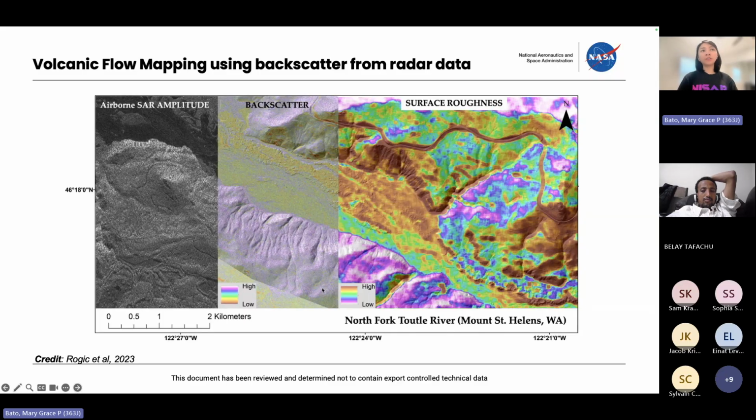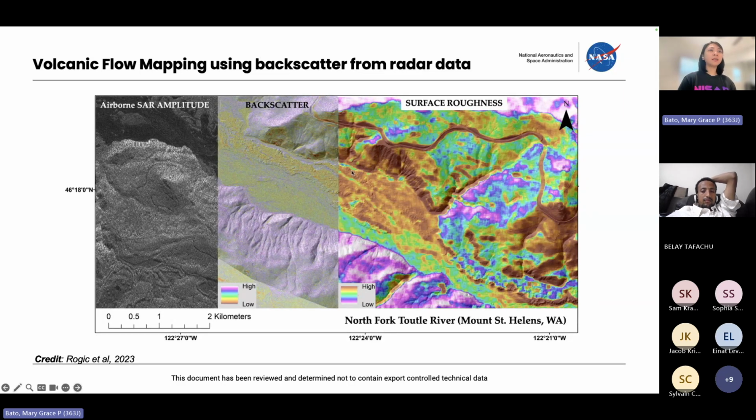And if you do some statistical analysis on the spatial image, like a moving window or averaging, you could obtain something like this. Basically, you average some of the pixels, and it can help you distinguish, delineate, or map deposits.